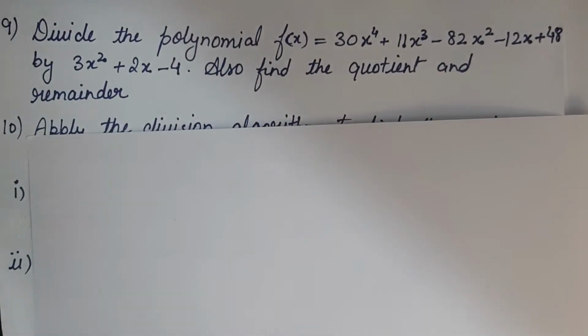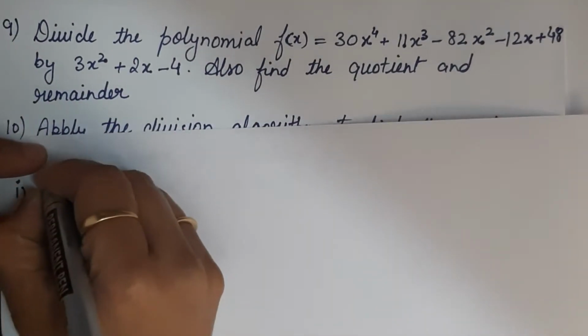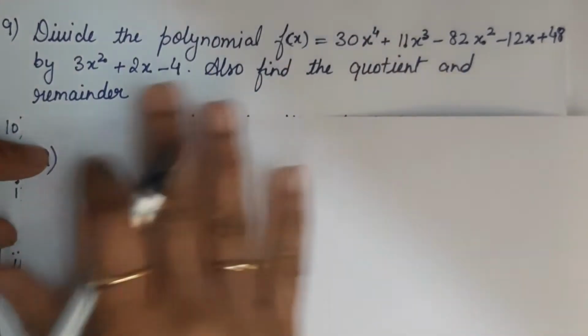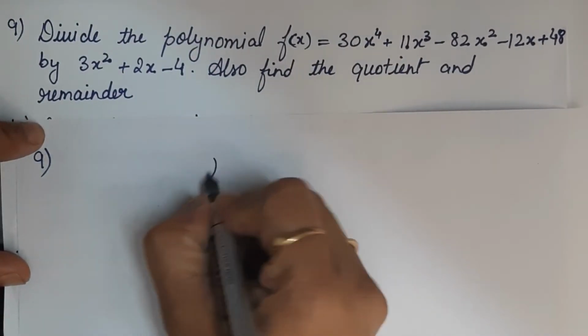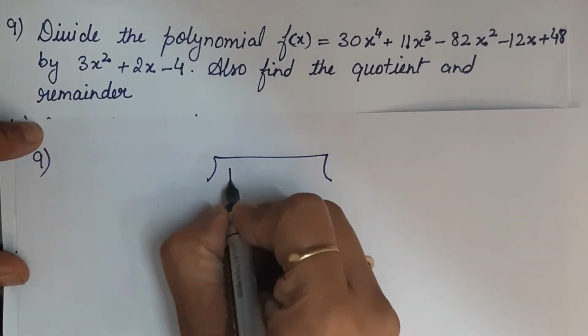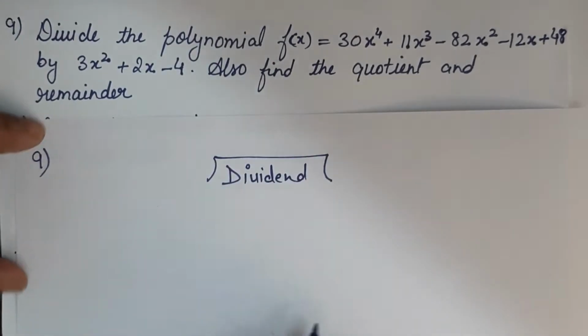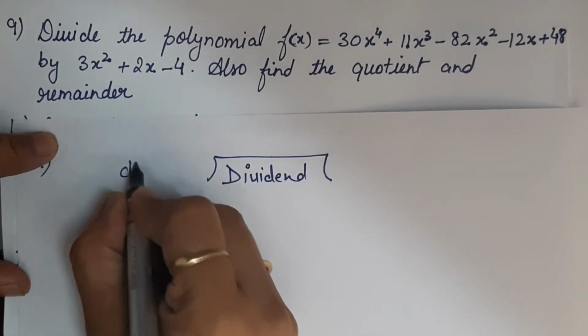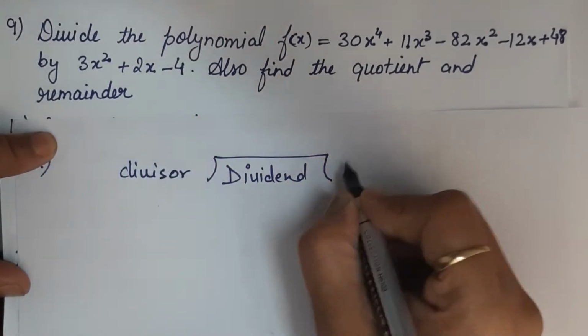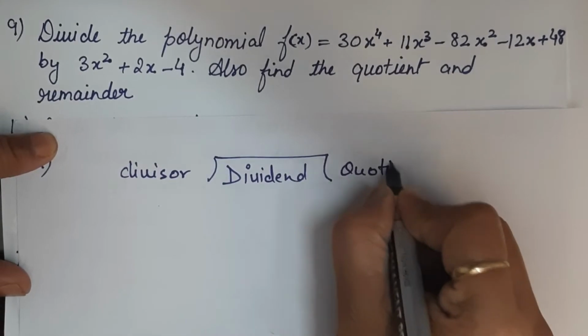So first of all, it is very important to let you know what this quotient is, what this remainder is. See, when we solve the question, here we write the dividend. Here is the divisor. There is the quotient.